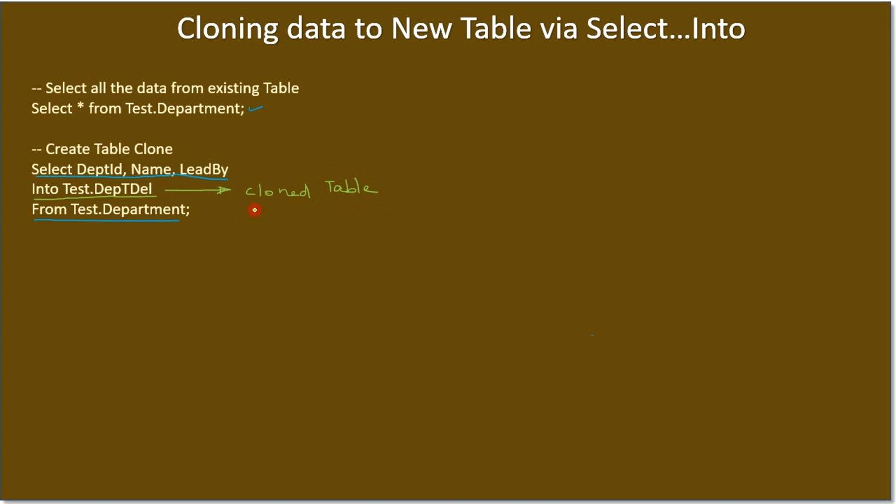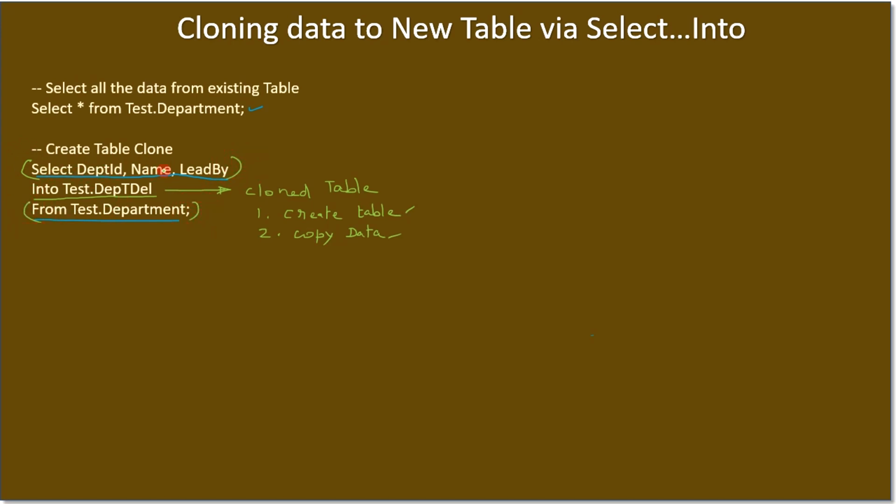So cloned table, in the sense there are two operations that are performed here. One is create table, and another one is copy data. So that means in this syntax, we create a new table, then we copy the data, and what data needs to be copied is specified by this select statement.